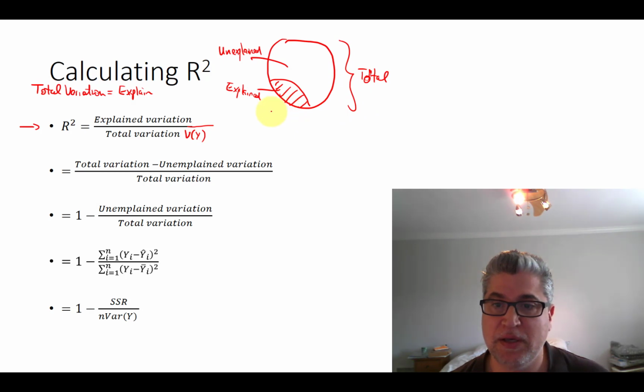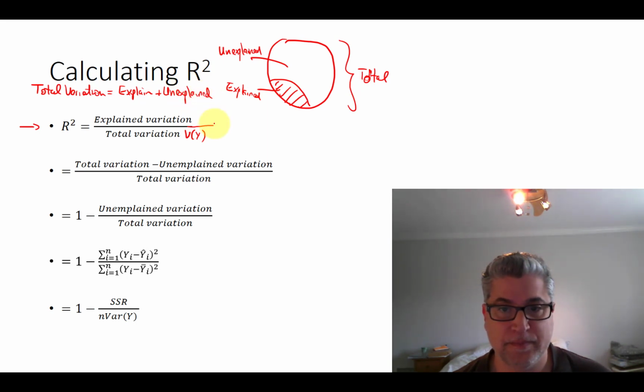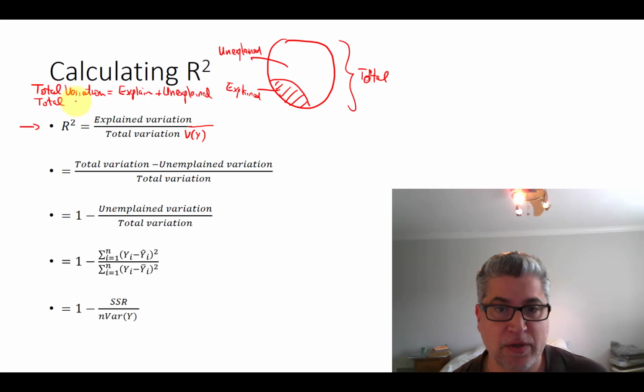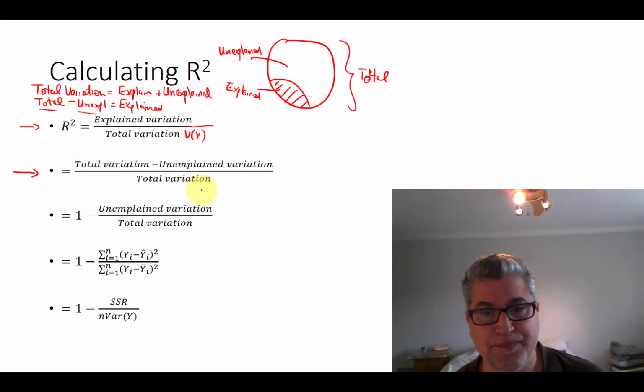And the total can be decomposed into the explained plus the unexplained. So if we subtract unexplained from both sides, we get total minus unexplained is equal to the explained. And that brings us to this second line right there, where we can split up explained into total minus unexplained.